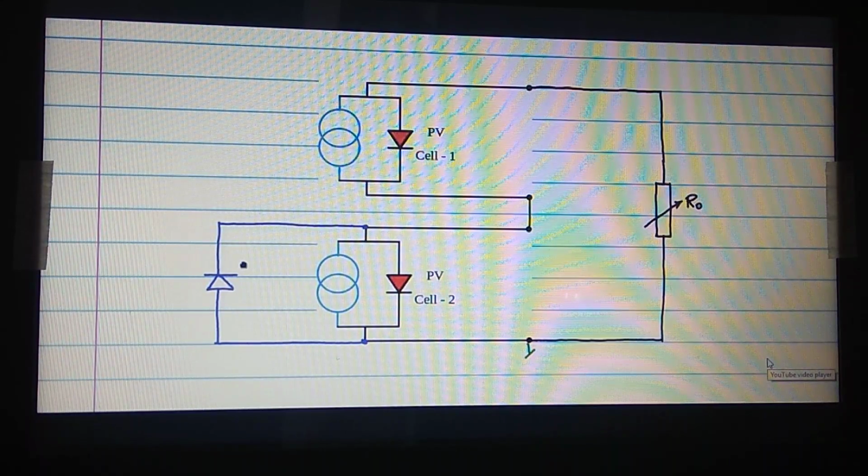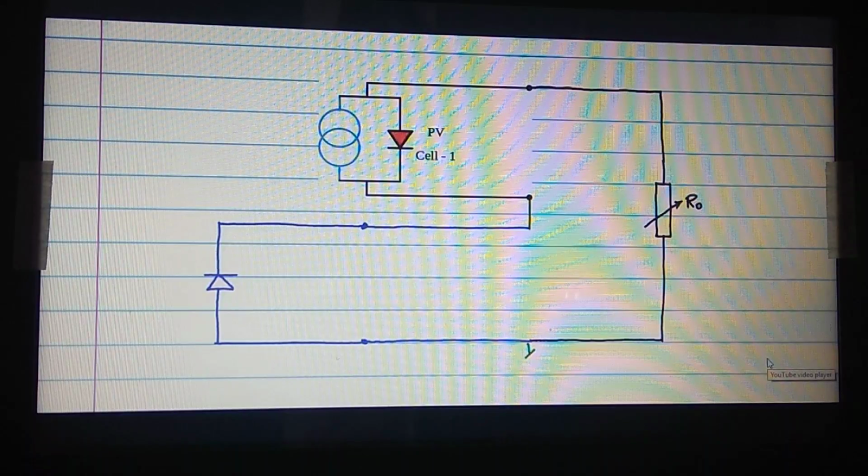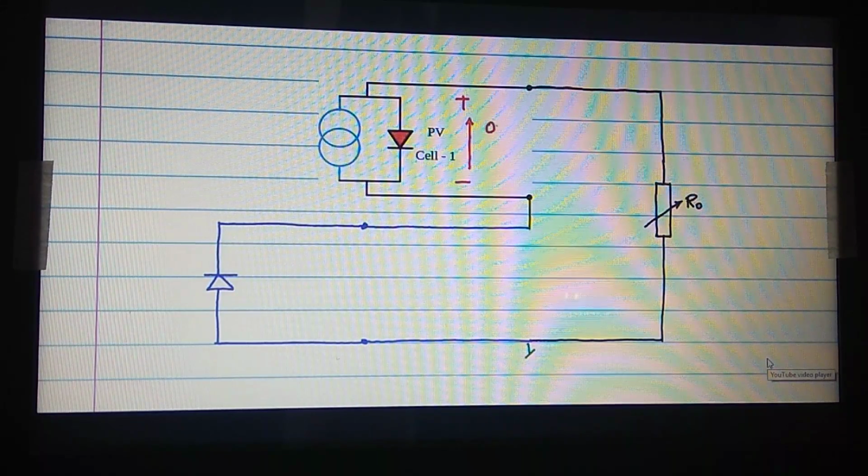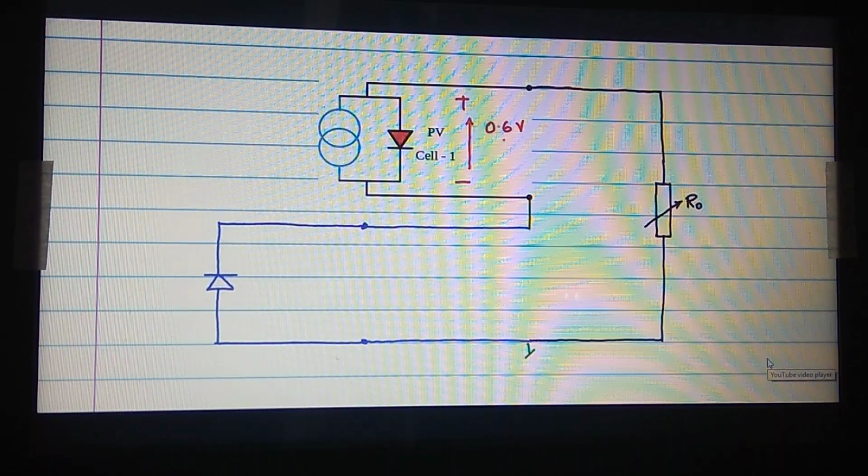So, let us consider for now that this is effectively going to bypass this cell. Under such condition, PV cell 2 is out of the system, it is bypassed. If you take typical voltages, you will see that the voltage across the source is of the order of 0.6 volts to 0.7 volts.